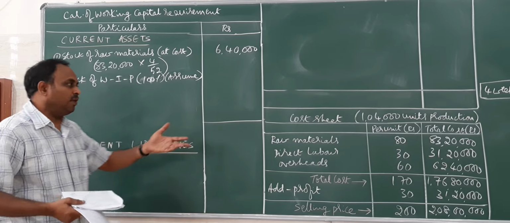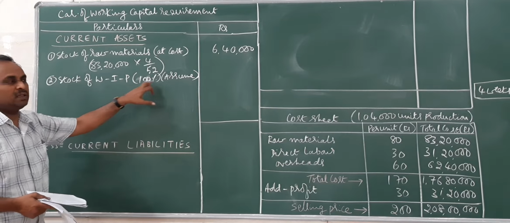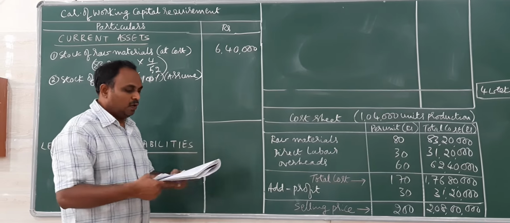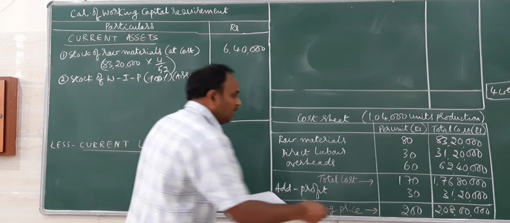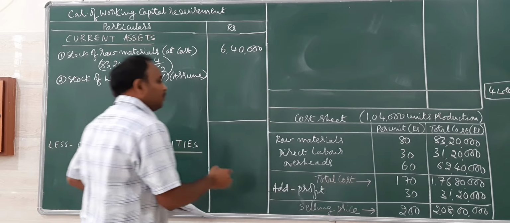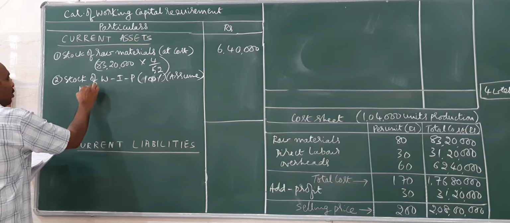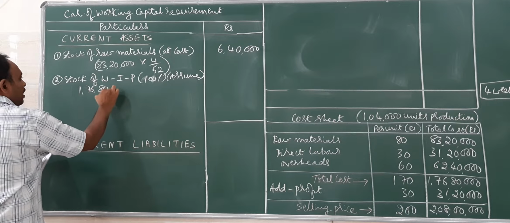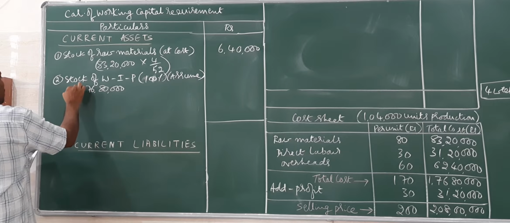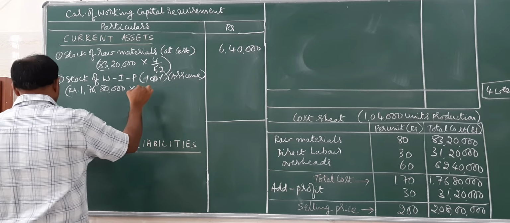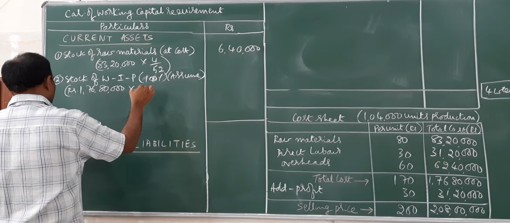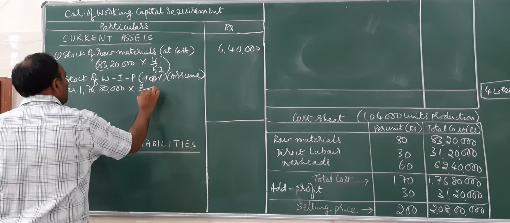So we can assume that way also, but easier way to do is always 100% for all. So when you take like that, you are going to find total cost 1,76,80,000, and that is for half a month. Half a month is equal to 2 weeks.